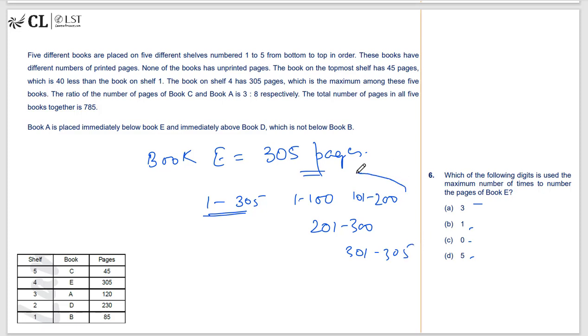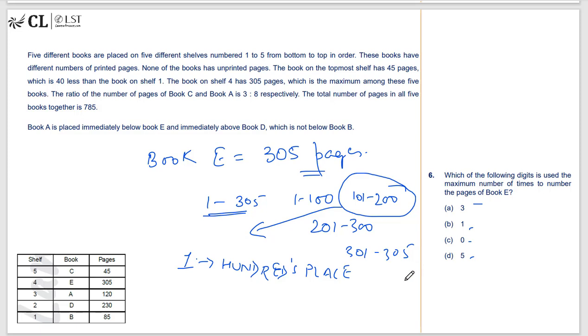Now look at this particular group. There are 100 numbers here. In all these 100 numbers, 1 has been used at hundreds place also. Whereas between 1 to 305, that is not the case with 3.